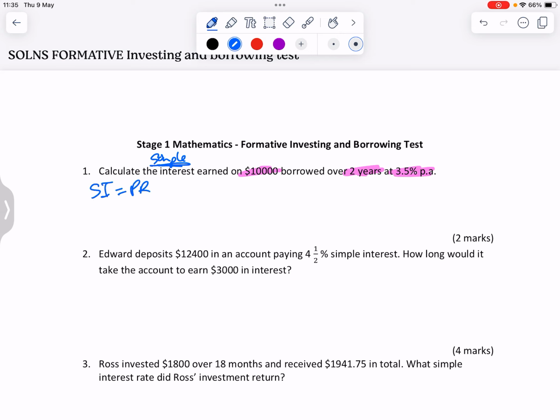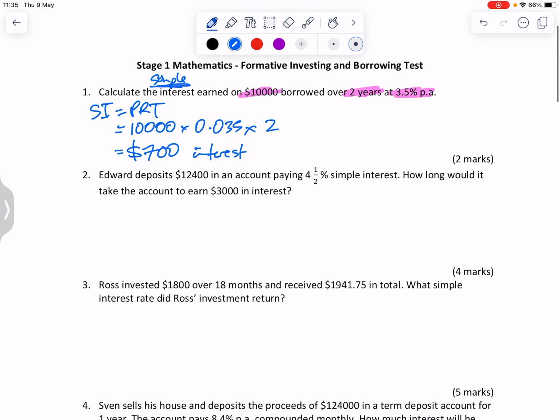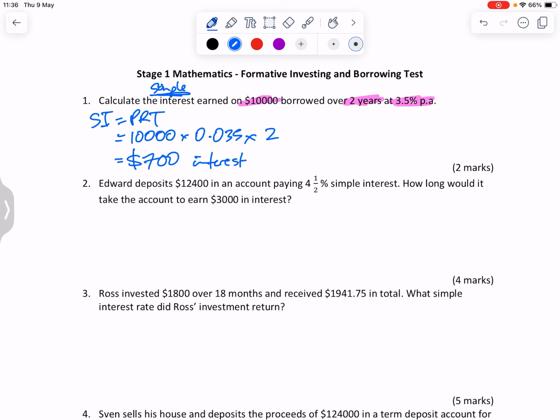The principal was $10,000 times the rate as a decimal, 0.035, times the time in years, which is 2. $10,000 times 0.035 times 2 comes to $700 interest earned.